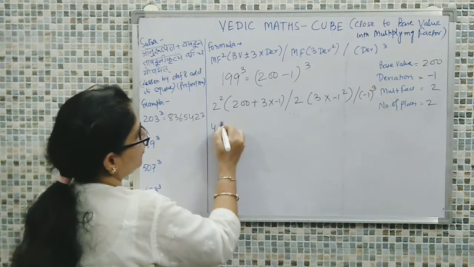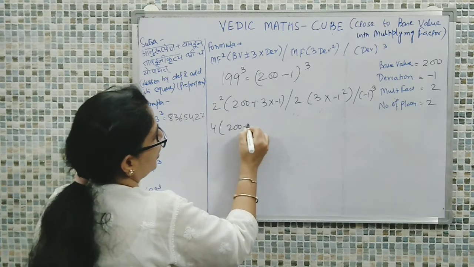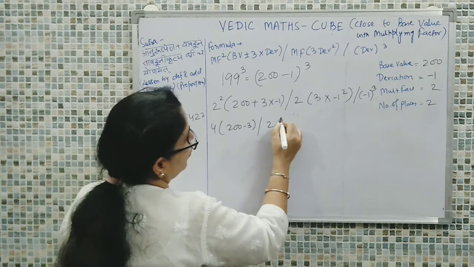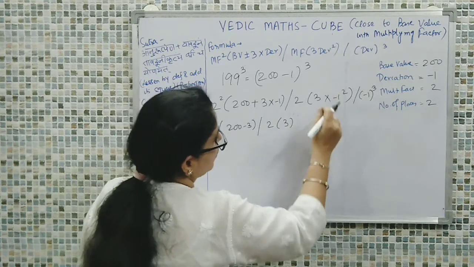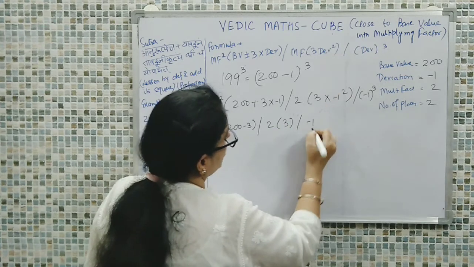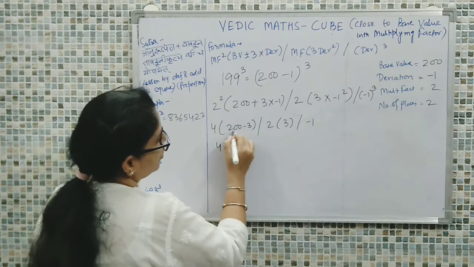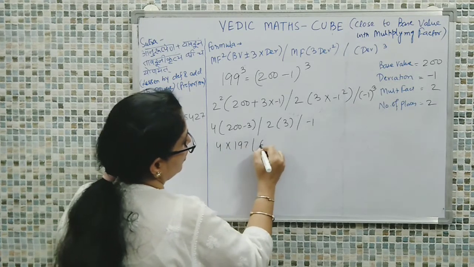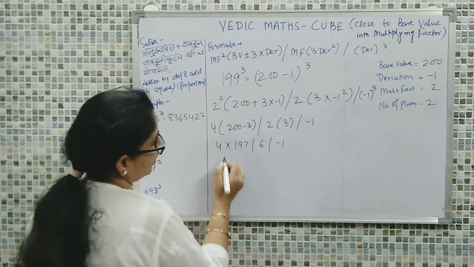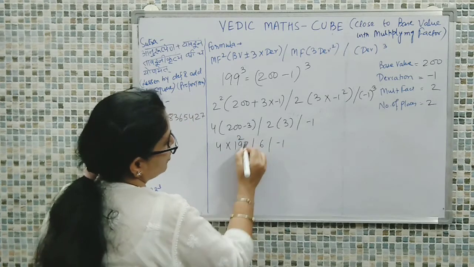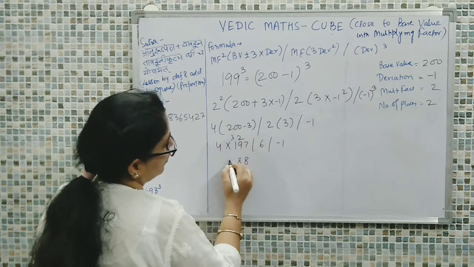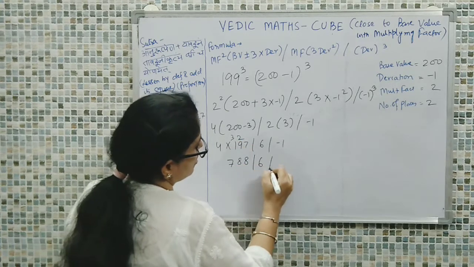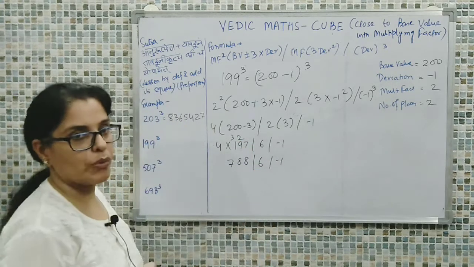So we have 2 twos are 4, times 200 minus 3, then 2 into 3, because minus 1 squared will be plus, and then minus 1. So that will be 4 into 197, 6 and minus 1. So that will be 788, 6 and minus 1.